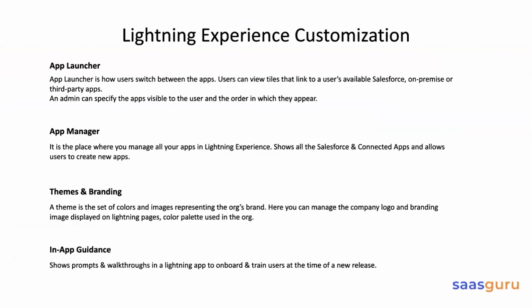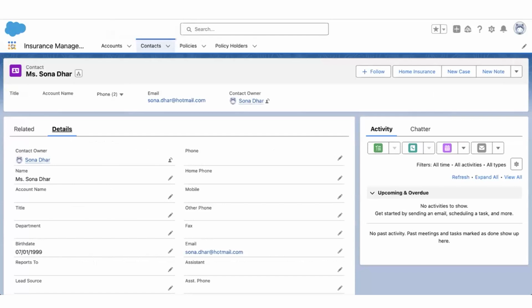All right, moving on. A couple of other tools for customizing the Lightning experience. App Launcher, we've already discussed. App Launcher is the tool via which users can switch between different applications in Salesforce. The 9 dots top left is the App Launcher. Then you can modify which applications are accessible, and in which order.